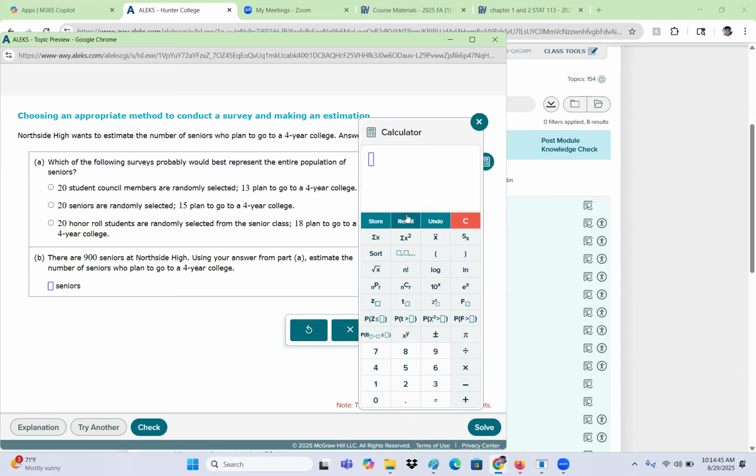So you can just find the ratio, 15 out of 20, and then we multiply by 900 students. We should have 675. Okay, are we good?